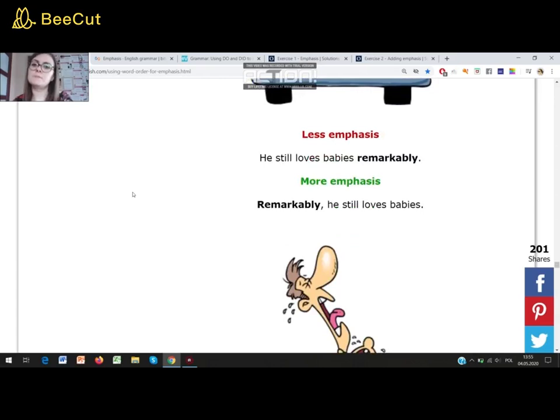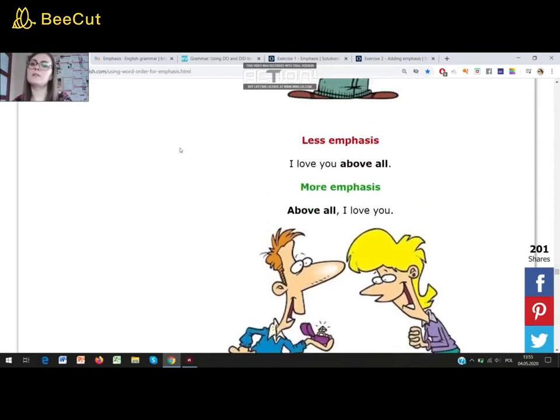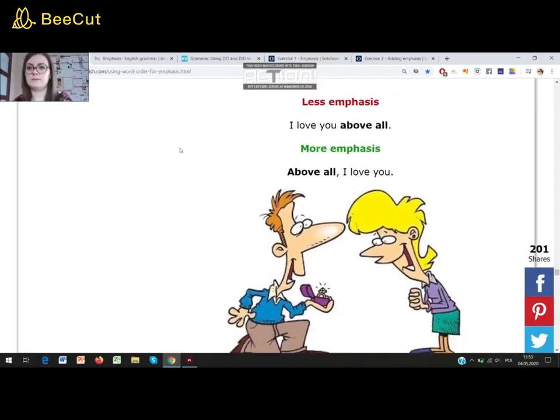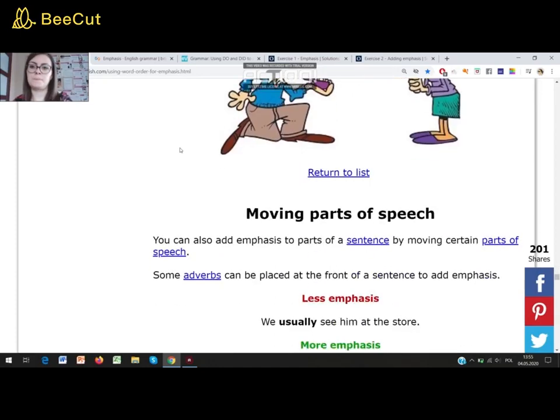He still loves babies remarkably. And again, when we put it in the beginning, remarkably, he still loves babies, it's emphasized more. Another one, I love you above all. And the other sentence more emphasized, above all, I love you.